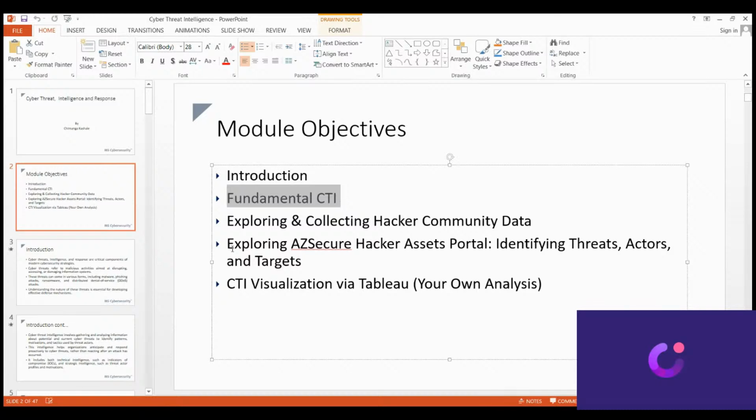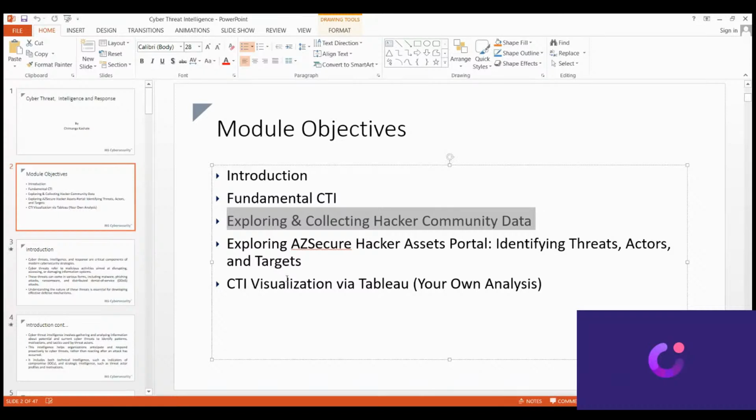Then we'll explore exploring and collecting of hacker community data, how we can collect information from the hackers as part of the analysis to identify potential threats.